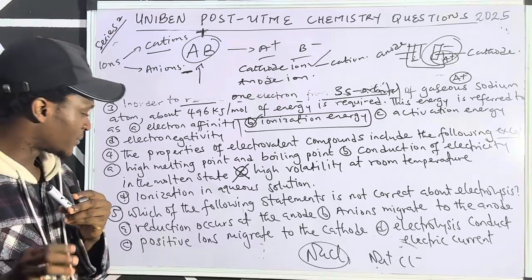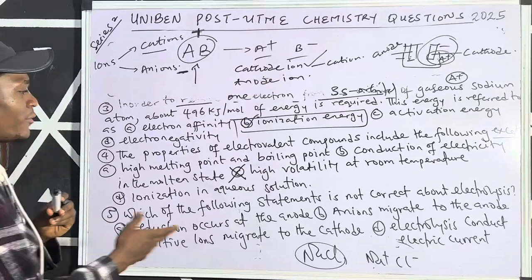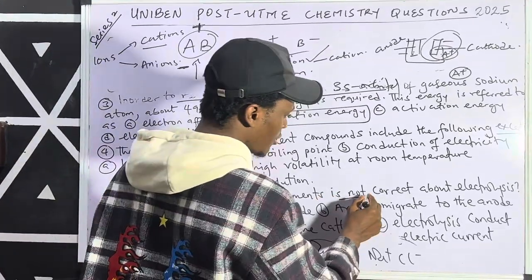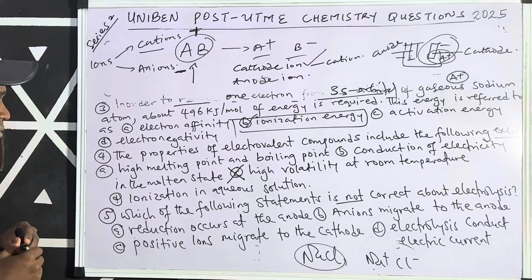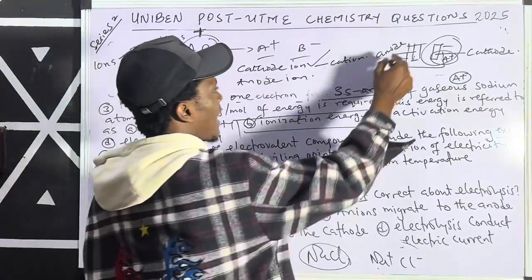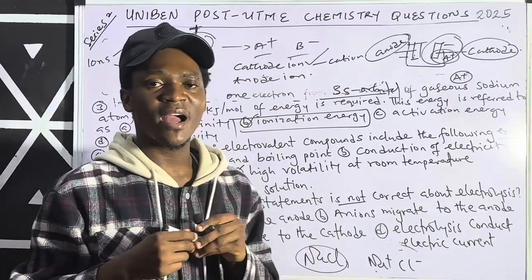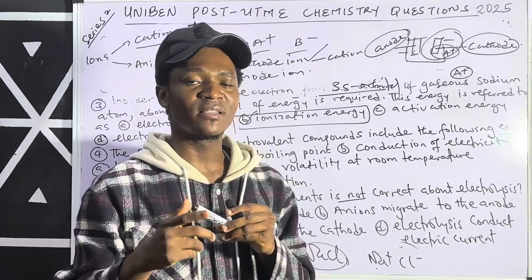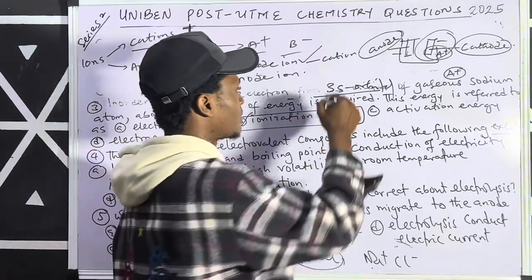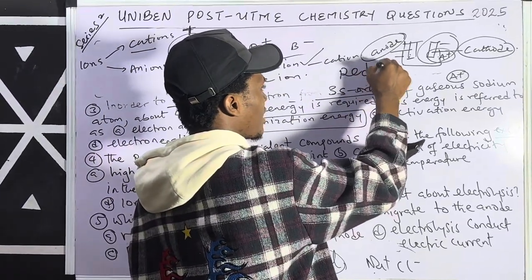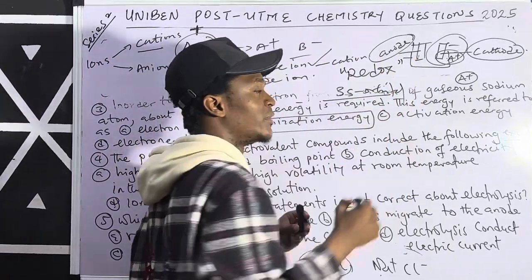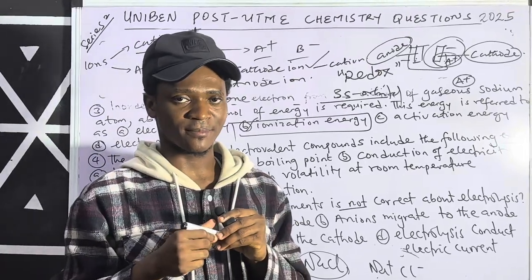Hope you got that. Then let's see which of the following statements is not correct about electrolysis. If you look at the anode and the cathode, the chemical reaction that occurs during electrolysis is called a redox reaction. I guess you must have heard of redox reaction before. Even on this my channel, I did a video lesson on that.